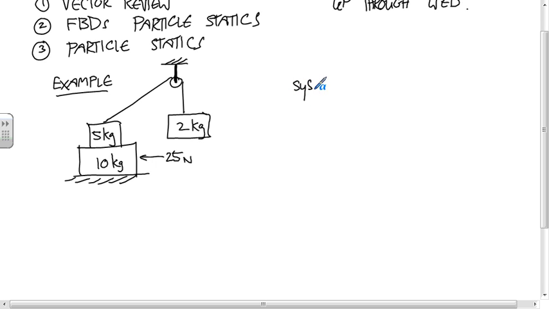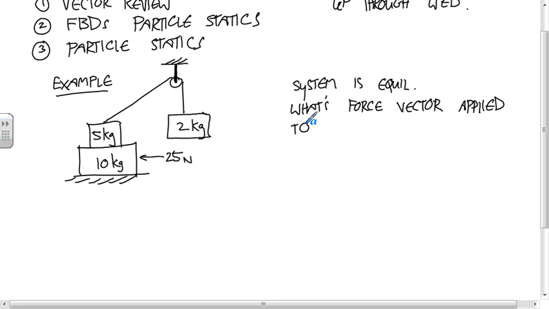And say that the system's in equilibrium. What's the force vector applied to the 10 kilogram box by the 5 kilogram box?